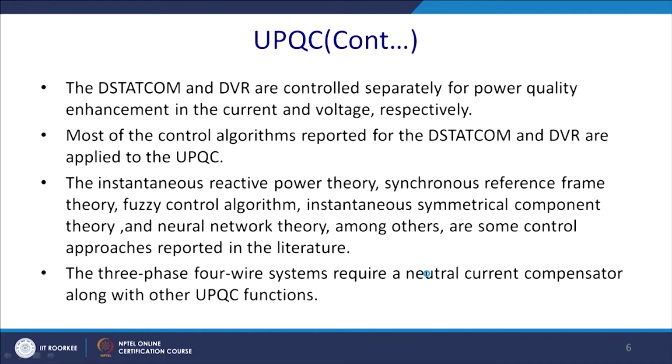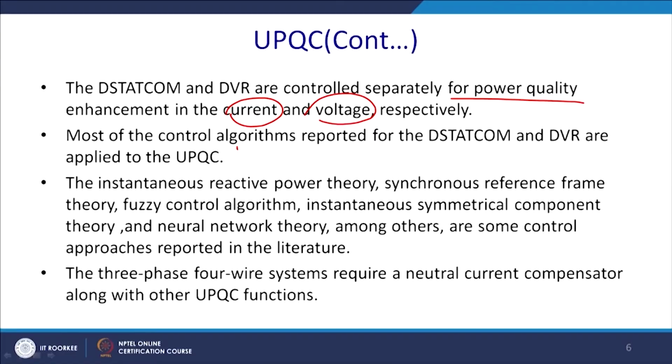D-STATCOM and DVR are controlled separately for power quality enhancement for current and voltage respectively. D-STATCOM is for current harmonic mitigation and other current related issues, and voltage flickers, voltage harmonics, or voltage sags or swells are the part of the DVR.